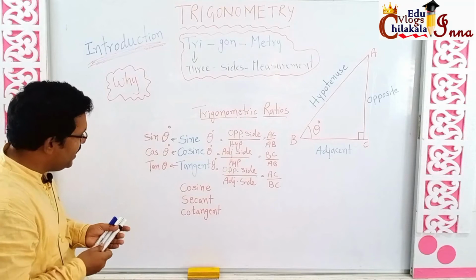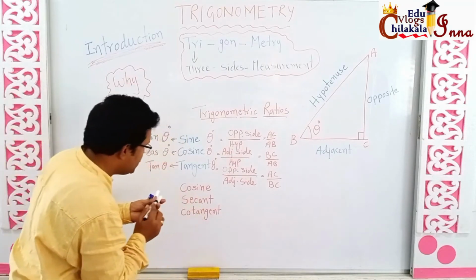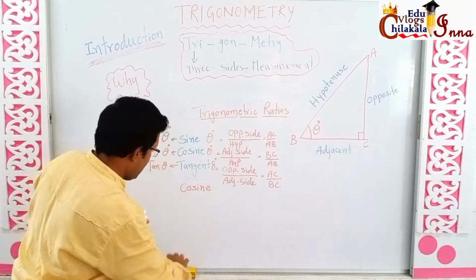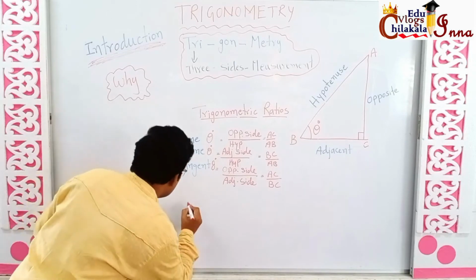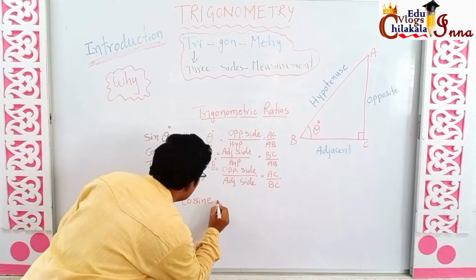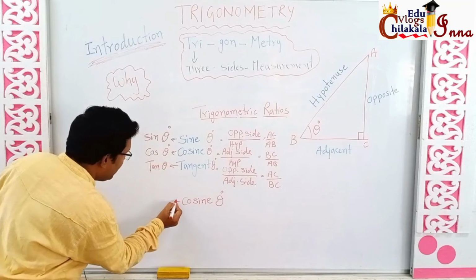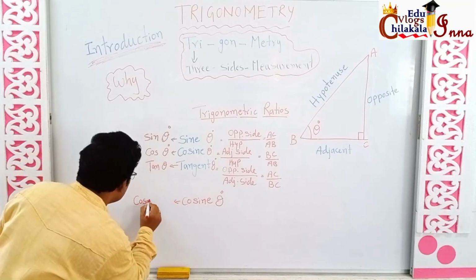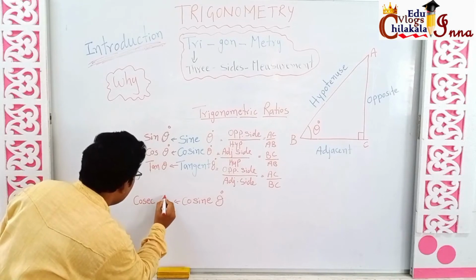Once you know this much, let me write it a little more. Cosine, I will write it once again. Don't worry. Cosine theta I am going to write, for your remembrance, as cosec theta.